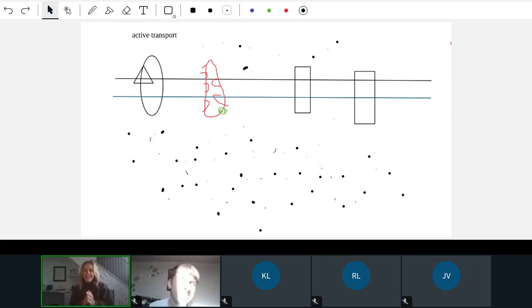Yes, facilitated. Facilitated diffusion. That's when it goes through a protein channel passively, but it's just kind of using it as a way to enter and exit.